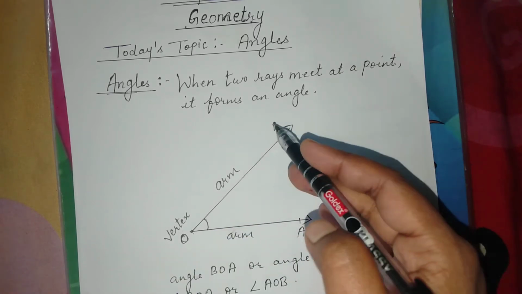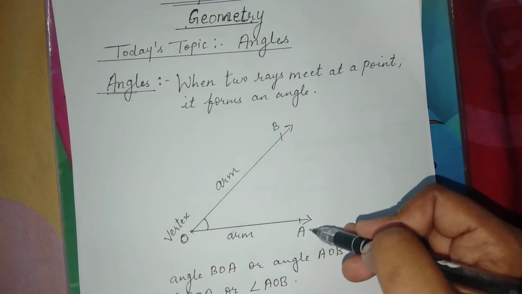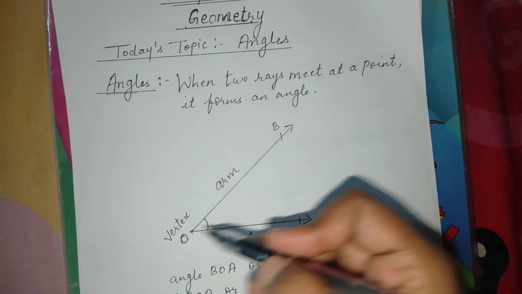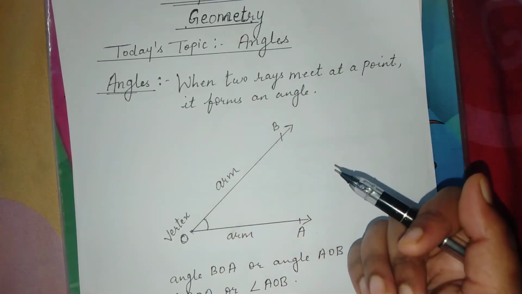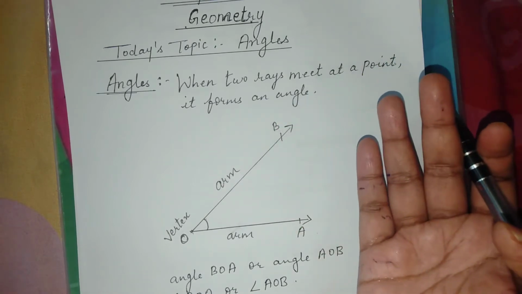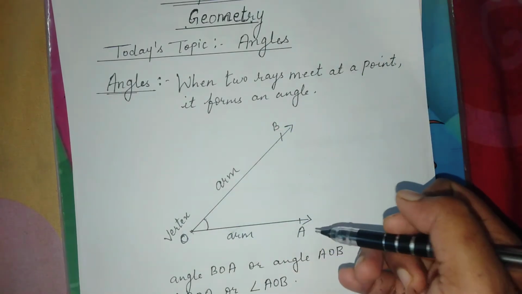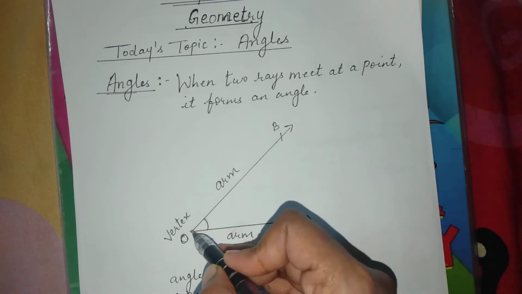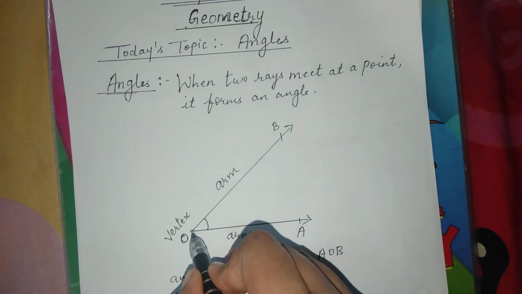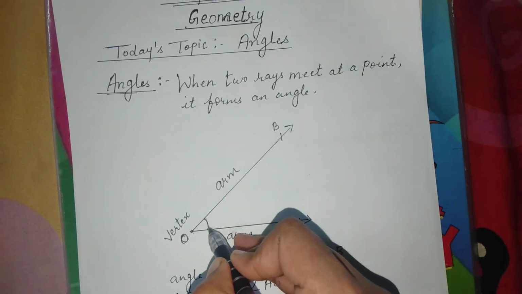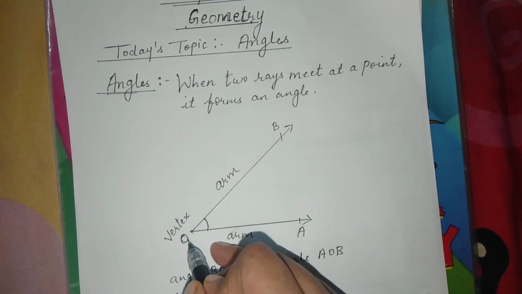Which angle? Angle BOA or angle AOB. We can read this angle in two ways, BOA or AOB. O will be common. Why? Because O is the angle's point, so O will be common.